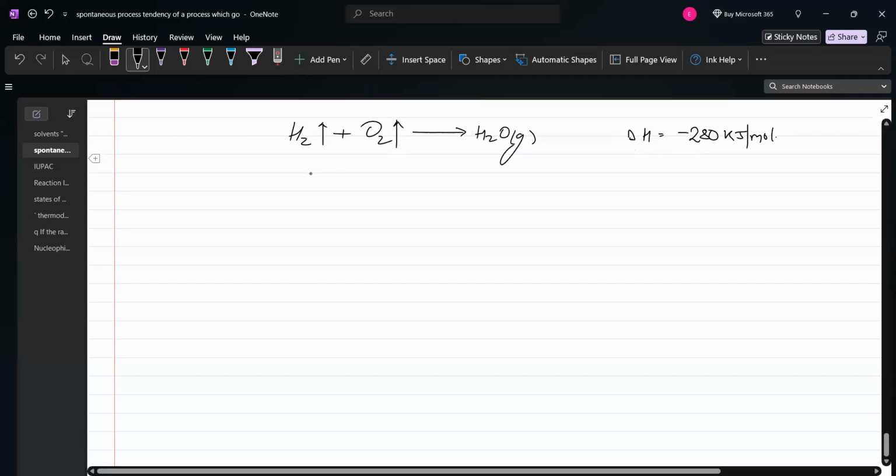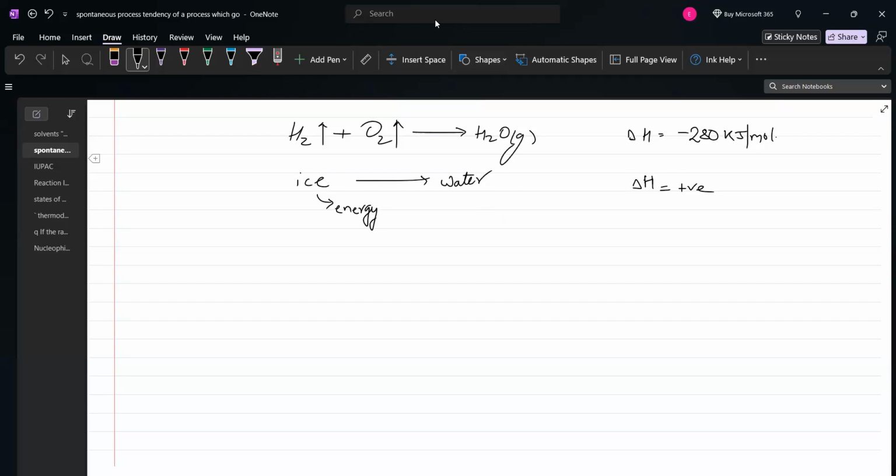However, if, for example, ice is converting into water, delta H here will be what? Positive. So ice is taking energy in itself. It is absorbing energy to convert into water, right?